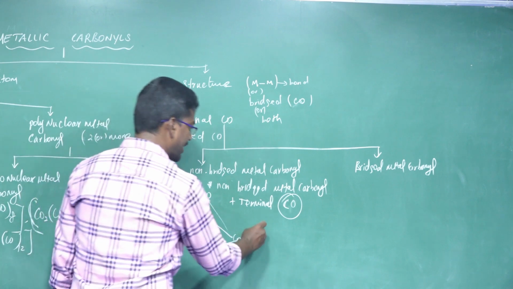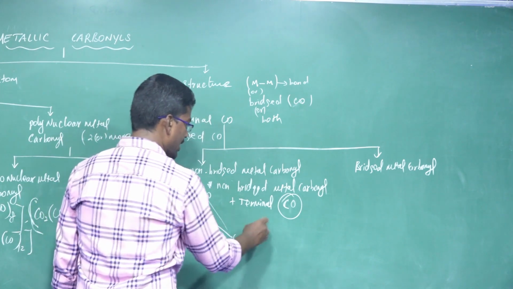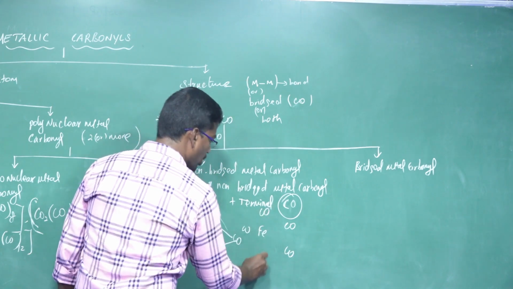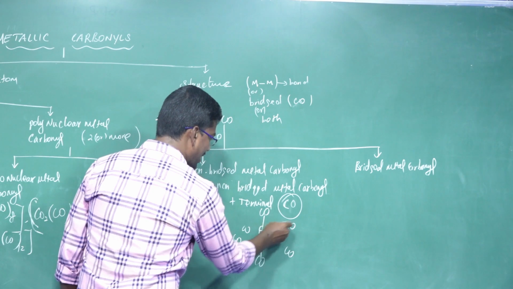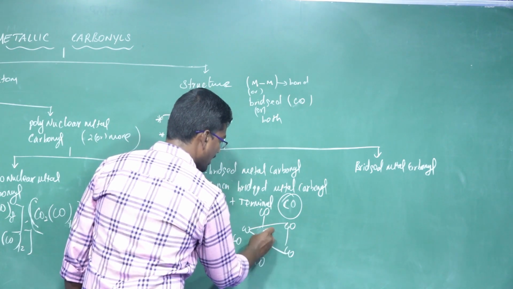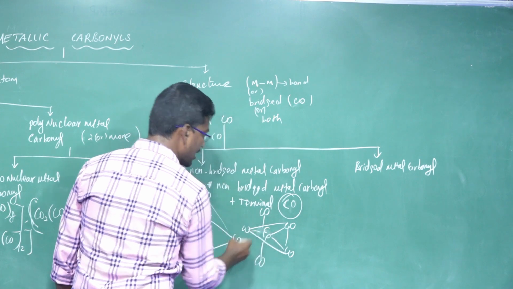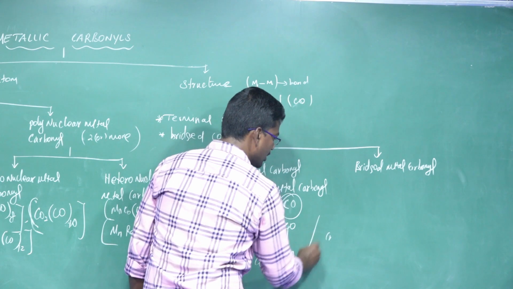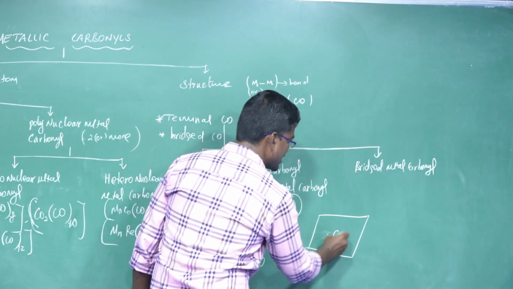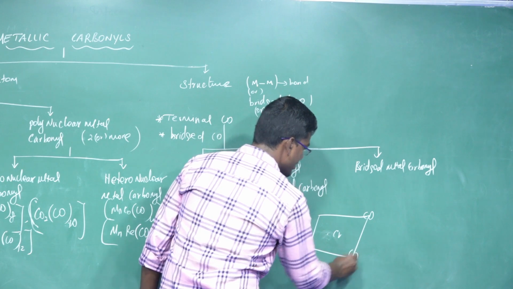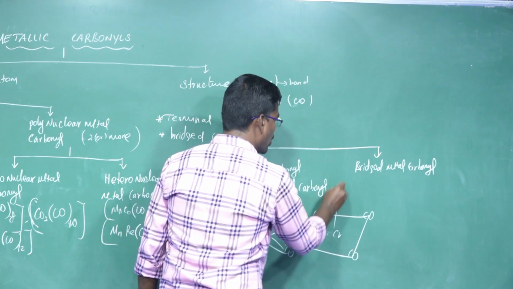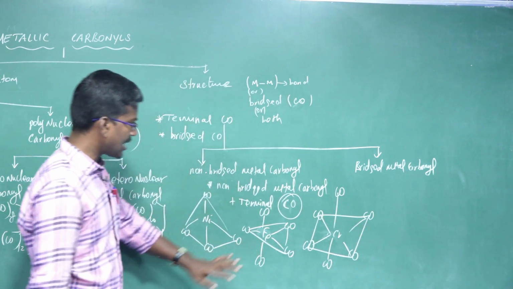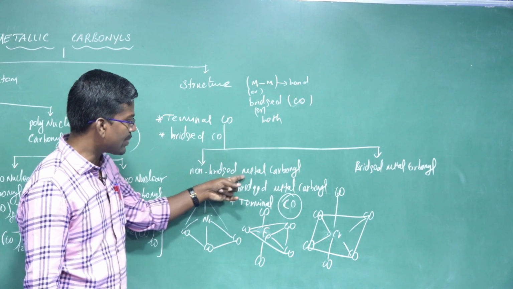Another one, iron, Fe(CO)5, trigonal bipyramidal shape. Then chromium, Cr(CO)6, octahedral shape. These compounds are examples of non-bridged metal carbonyl.